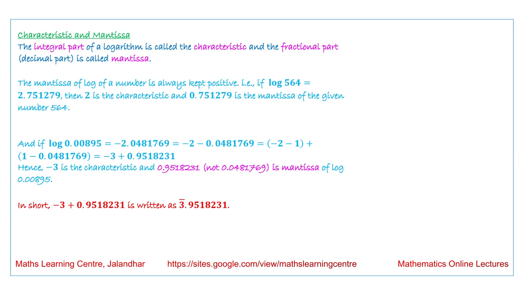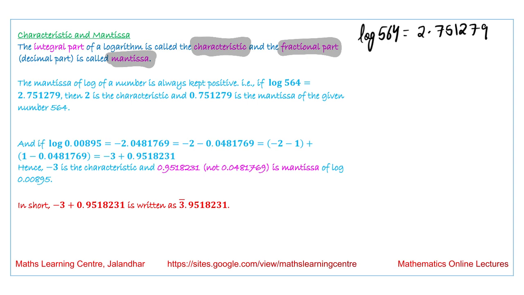Next we have the definition of characteristic and mantissa. We are saying that the integral part of the logarithm is called the characteristic and the fractional part, the decimal part, is called the mantissa. So, if we are talking about the log of a number, say log of 564, the answer we have is 2.751279.